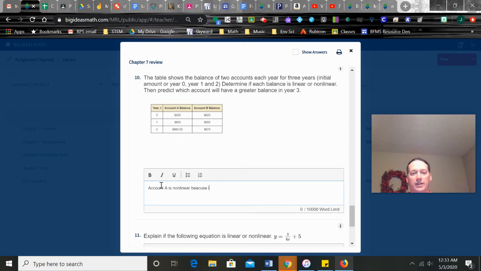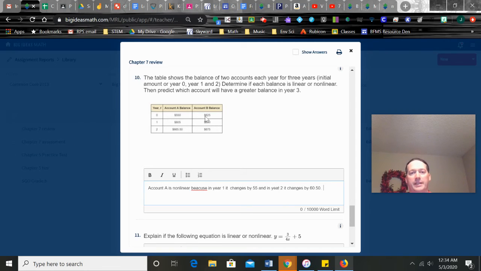It's nonlinear because in year 1 it changes by 55, and in year 2 it changes by 60.